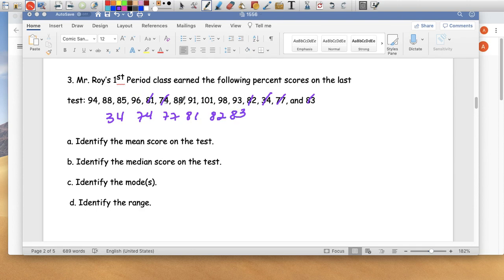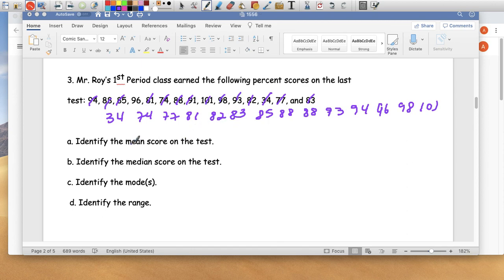I saw the 81 now. 85, 86, no, 87, 88 twice apparently. 93, 94, 96, 98, and 101. And I think I'm correct.